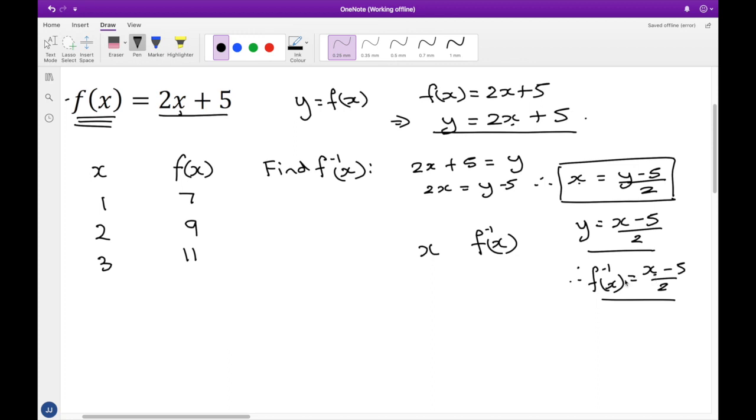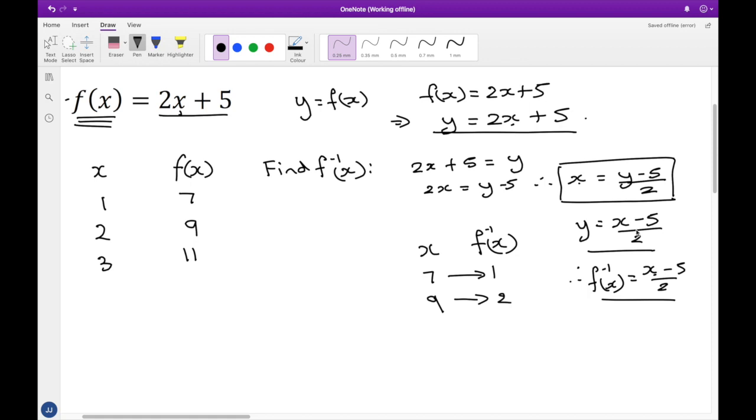So in my domain, if I put x is equal to 7, 7 minus 5 is 2, divided by 2 gives me 1. So 7 maps back onto 1. If I put my domain x is equal to 9, 9 minus 5 is 4, 4 divided by 2, so 9 would map back onto 2.